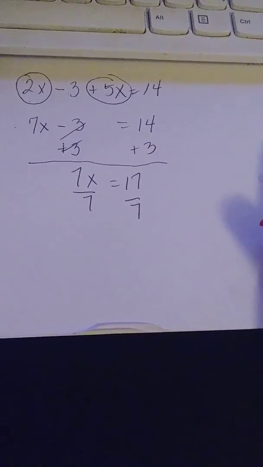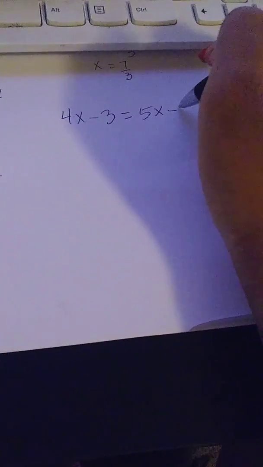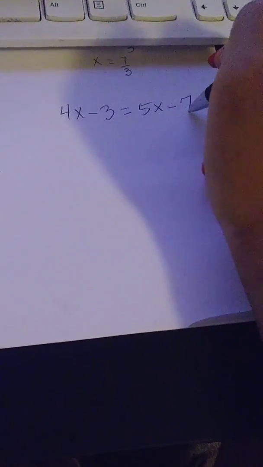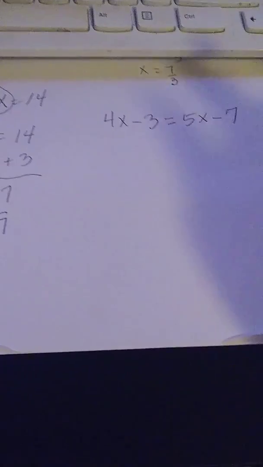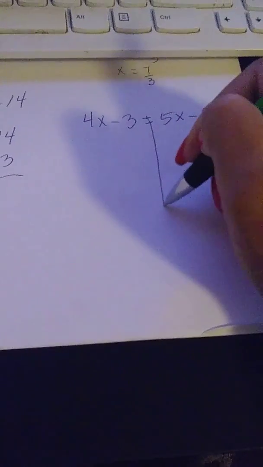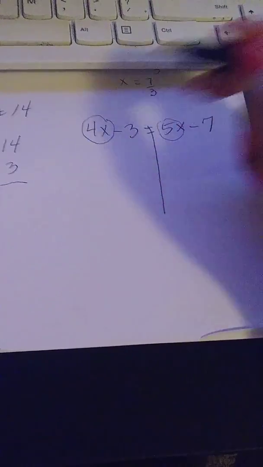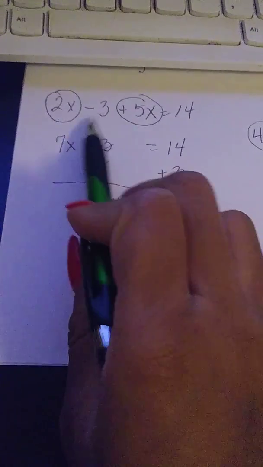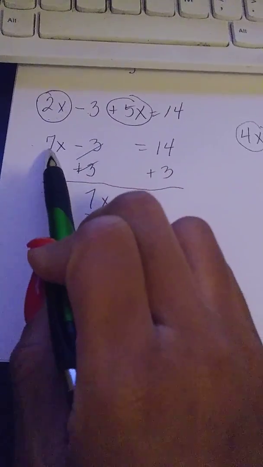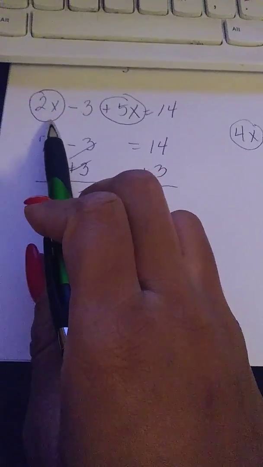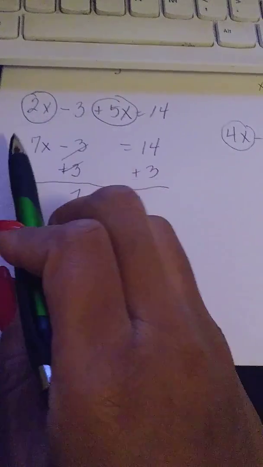Now, let's talk about how to solve this problem. I have variables on both sides. Now you notice how I see like terms, but instead of them being on the same side of the equal sign, meaning I just add them, positive 2, positive 5 gives me 7.